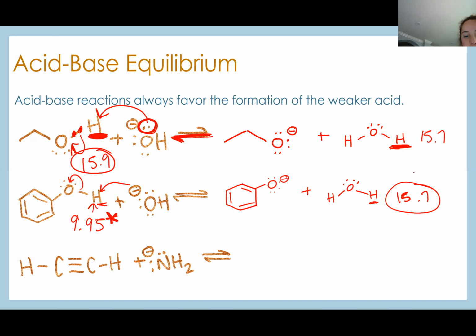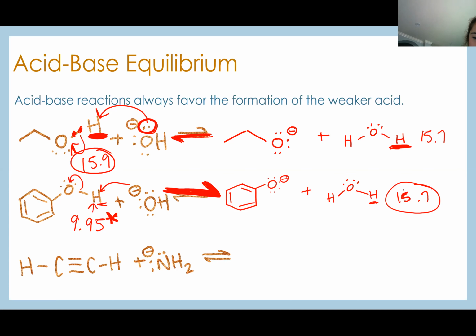So which side of the reaction is going to be favored? The right. And this one actually will be fairly significant. So typically the difference between them can kind of give you a ratio on a logarithmic scale.